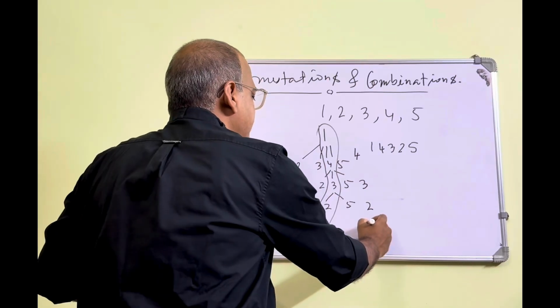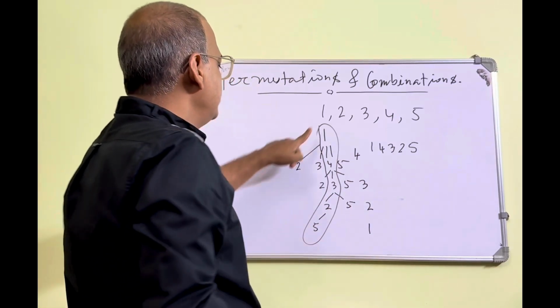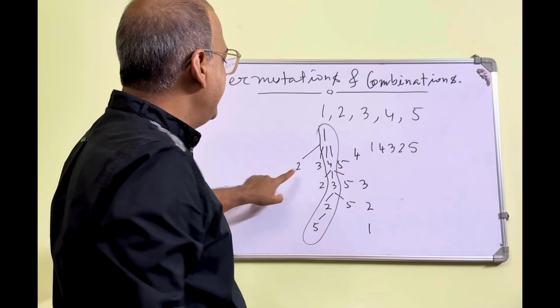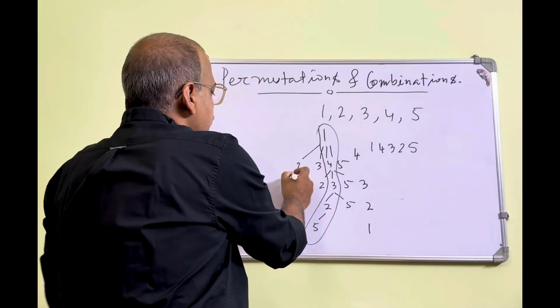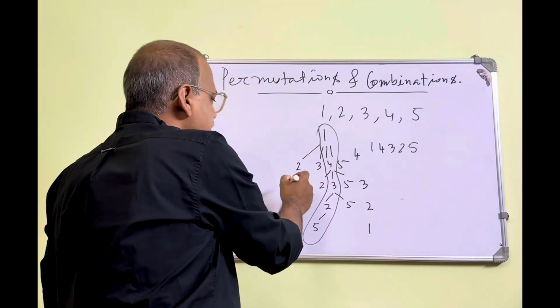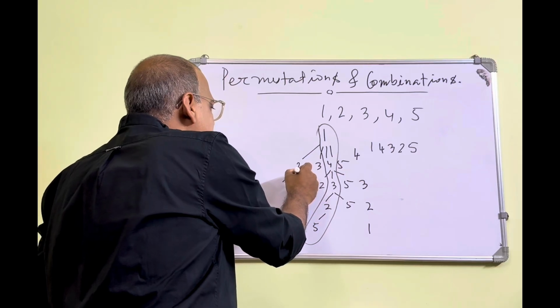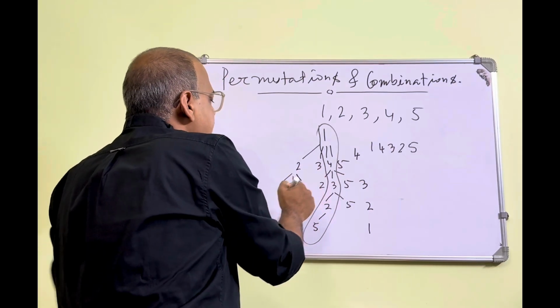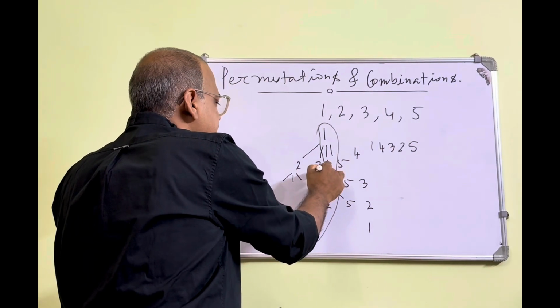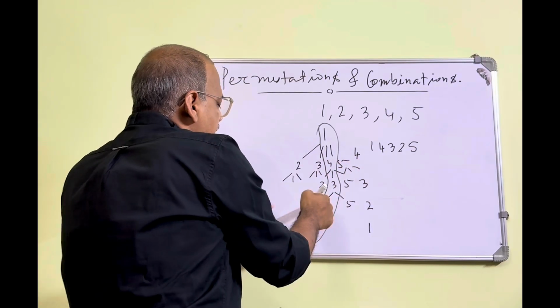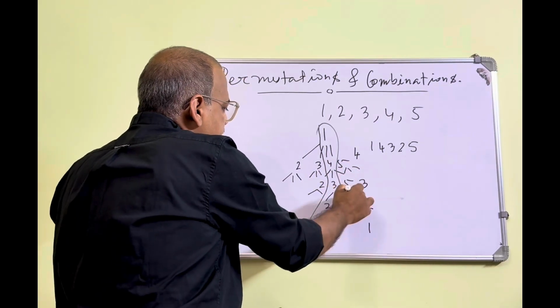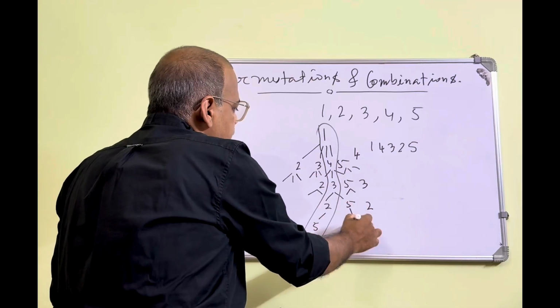Fifth position can be filled in one way. So this is one of the paths I have taken. Likewise, if I take a different path, if I choose 2 as the second number, then the third position can be filled in three different ways, and the next position in two different ways, and then one.